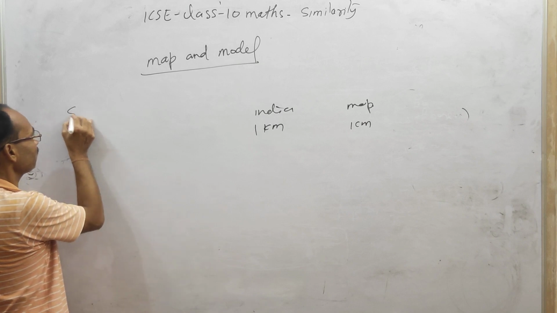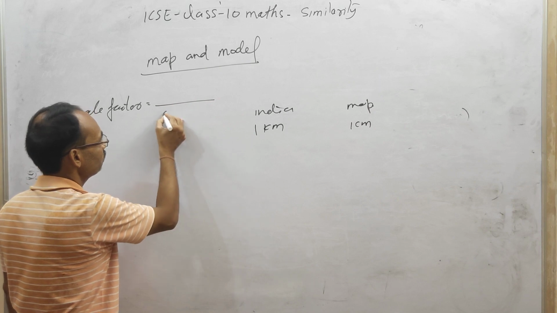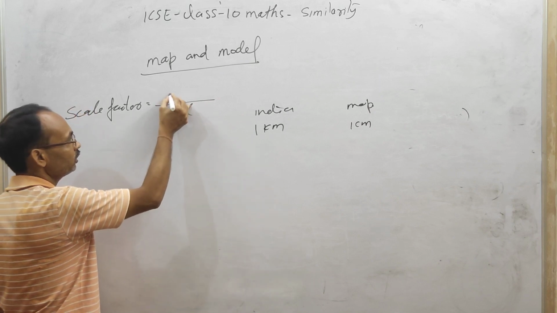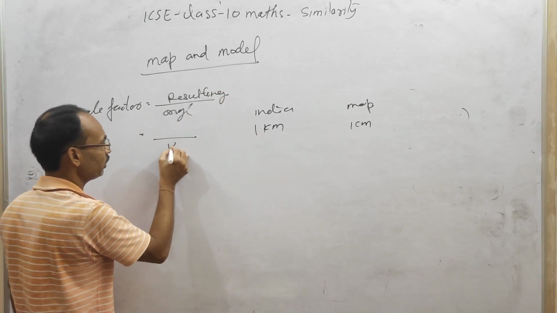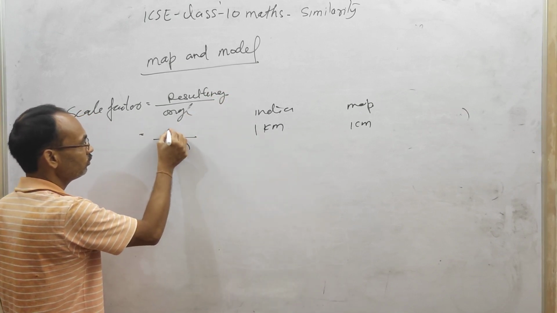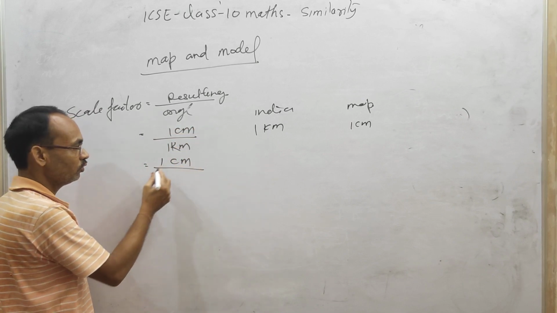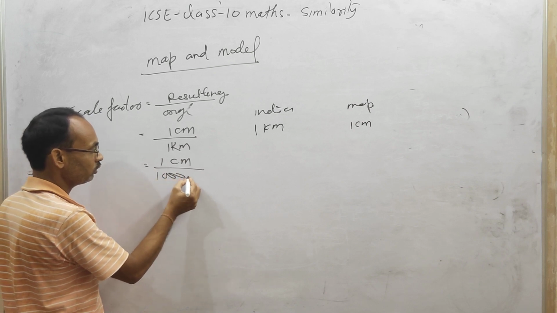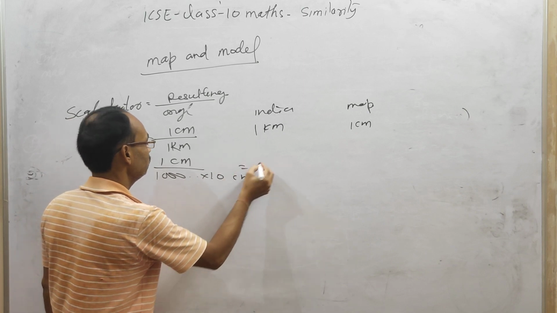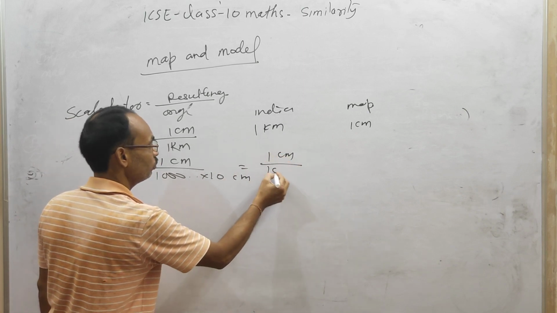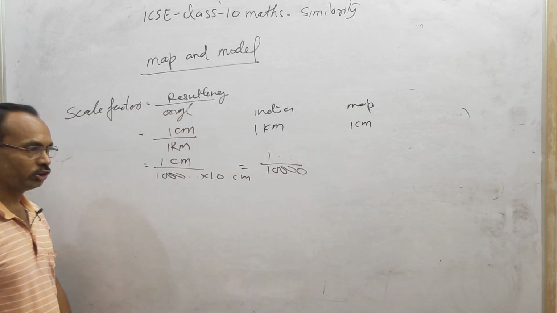So the scale factor is equal to resulting upon original. Original is 1 kilometer and resulting is 1 centimeter. 1 kilometer means 1000 meter, which is 100000 centimeter, so the scale factor is 1 centimeter to 1 kilometer. This is the scale factor.